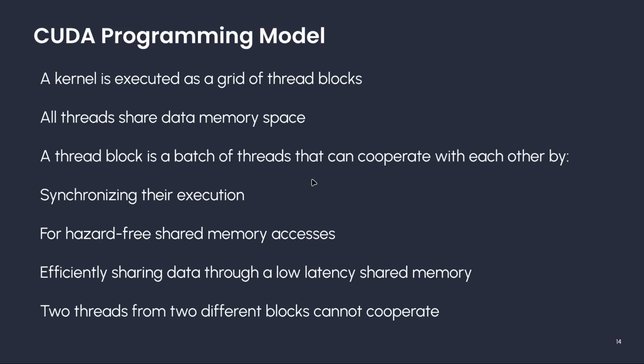So the kernel is executed as a grid of thread blocks. All threads share data memory space. A thread block is a batch of threads that can cooperate with each other by synchronizing their execution for hazard-free shared memory access, efficiently sharing data through a low latency shared memory. So two threads from different blocks cannot cooperate.